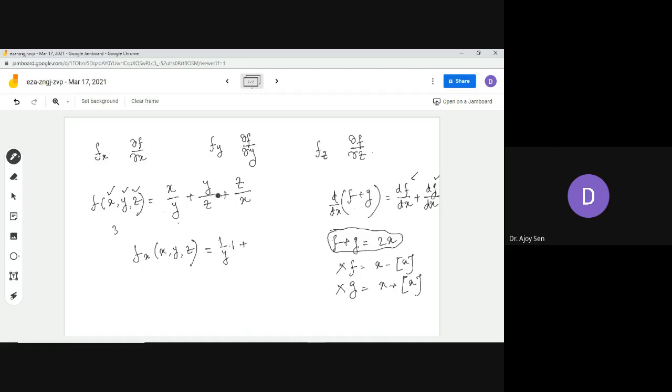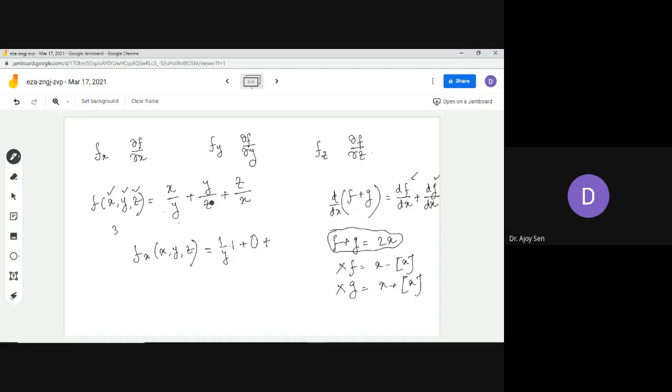And in this whole thing, y and z are constant, so y by z is a ratio, which is again a constant, and there is no x term involved. So whenever you take this derivative, you will get 0.